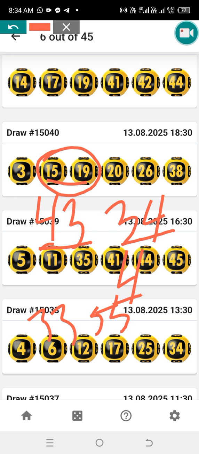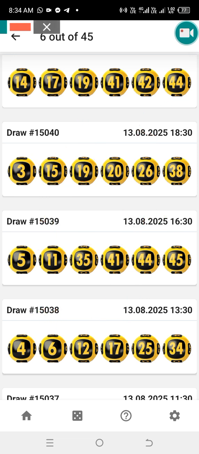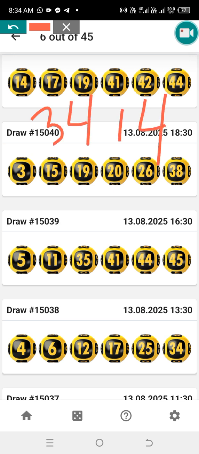And the nearby numbers of 4 are 3 and 5, right? Because the main numbers here are 34 and 4. That is also very important.